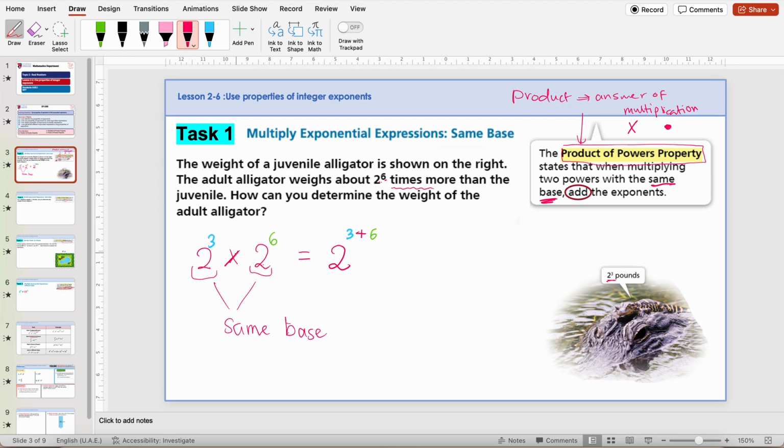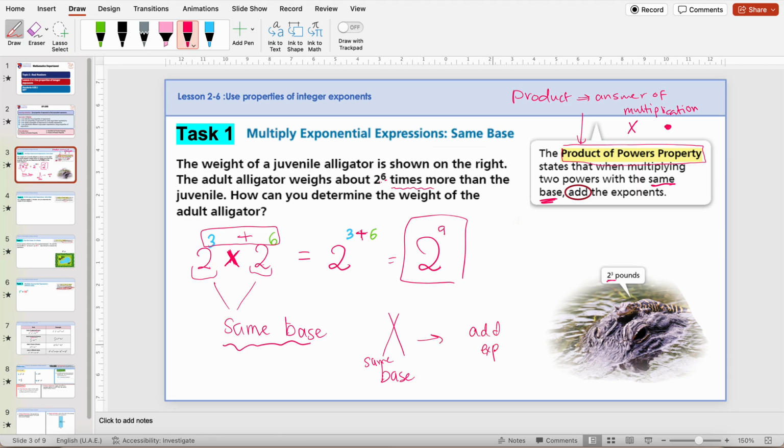So if you have a multiplication between two powers and they have the same base, just go ahead and add the exponents. Only add them. 3 plus 6 is 9, so the answer is going to be the same base to the power of 9. That's it. So again, if you have multiplication between two powers and they have same base, just add exponents.